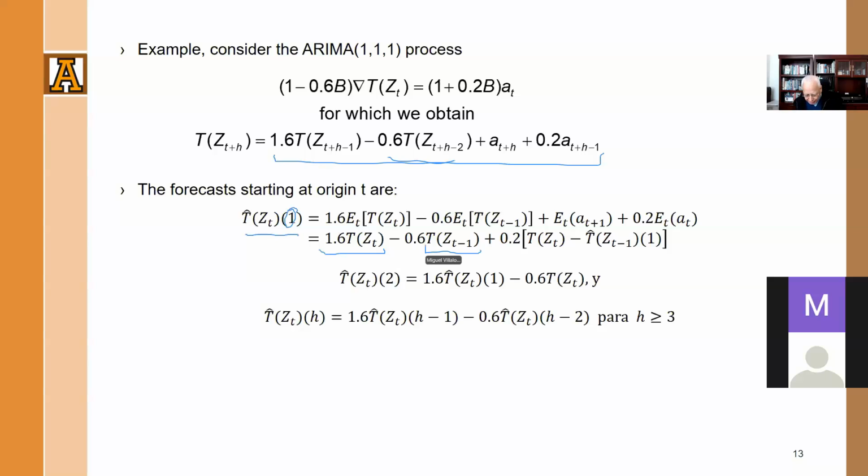Then we have 0.2 times the expected value of a at t, because that's the expected value of this thing here.